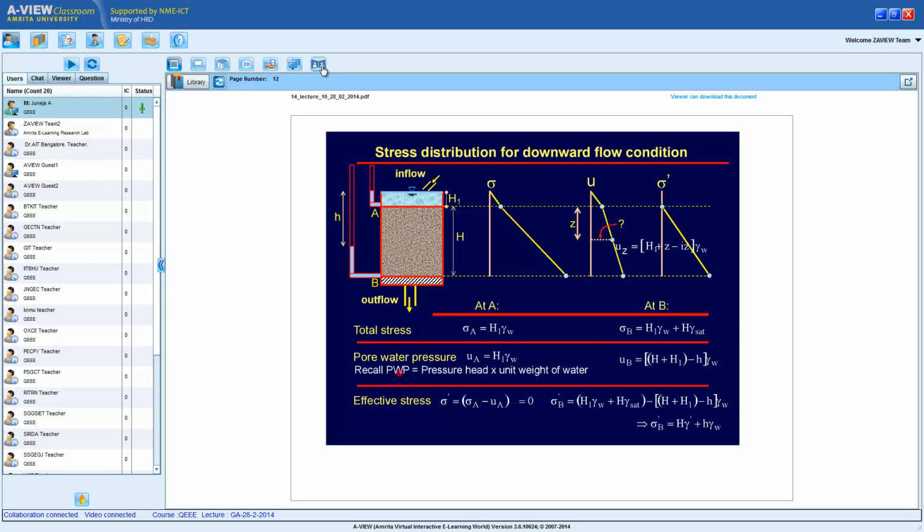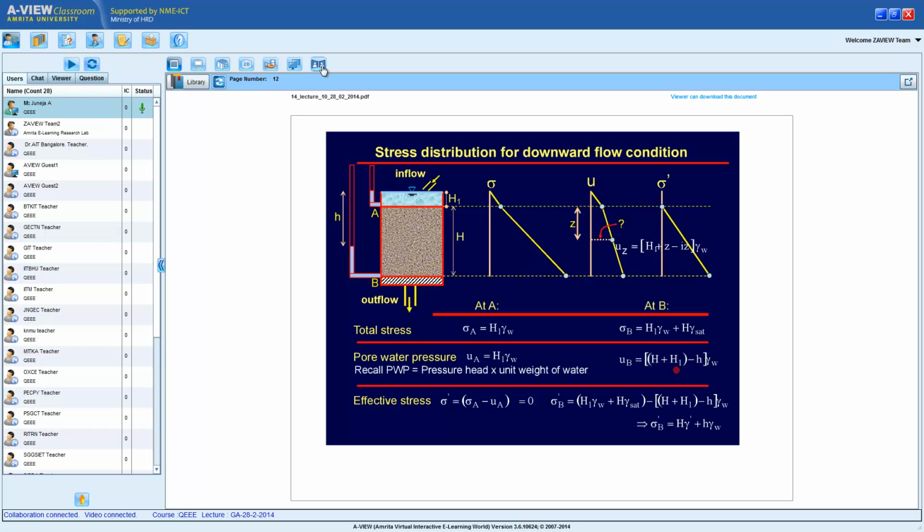Okay, we said pore water pressure equals the pressure head, meaning whatever is the elevation of water in the standpipe times the unit weight of water. That should be the pore water pressure. What about B? Okay, at B, if you recall the previous slide, we have done this.